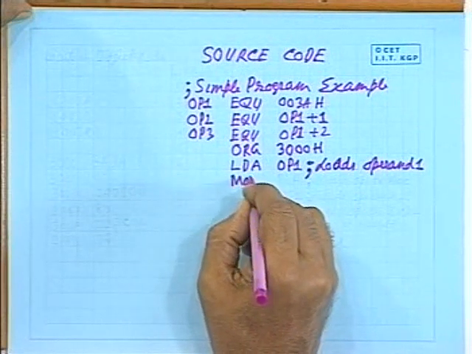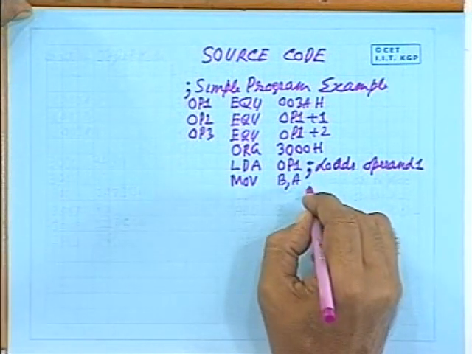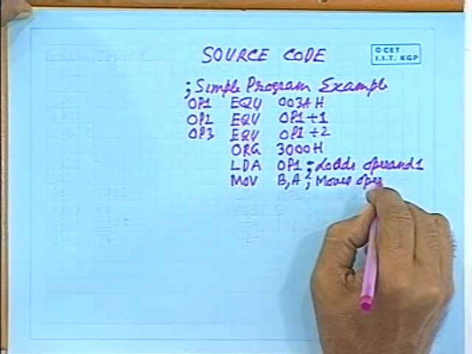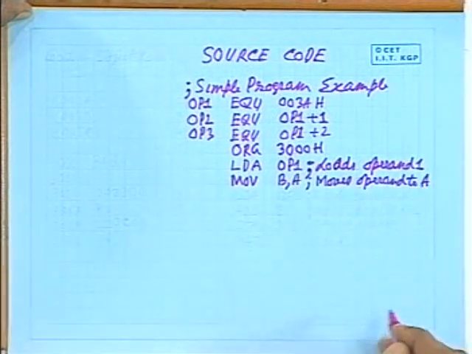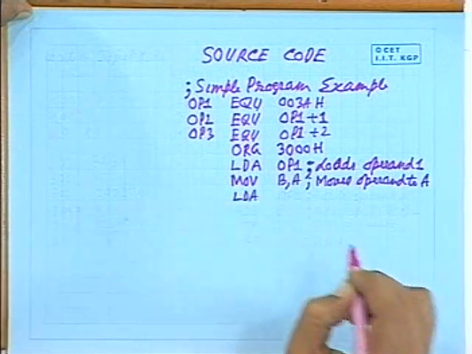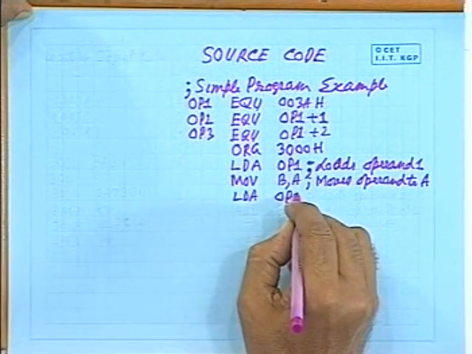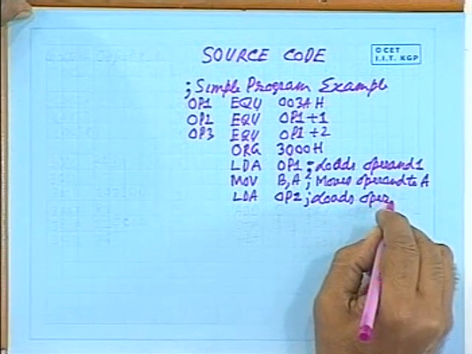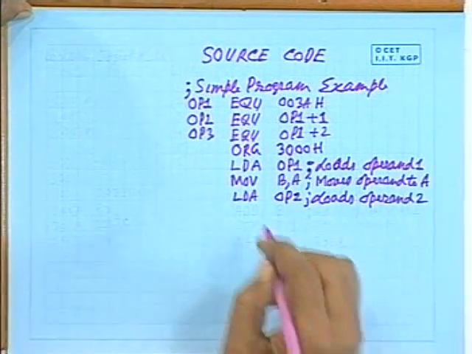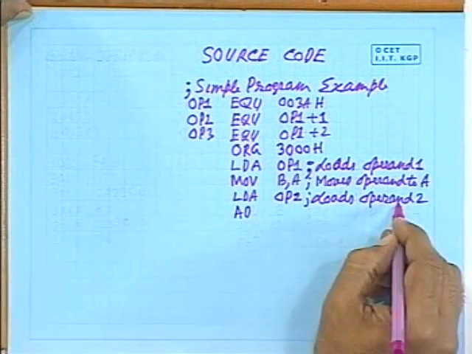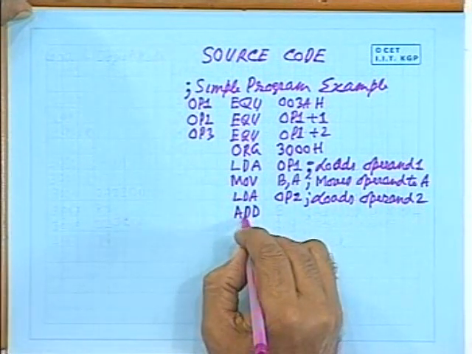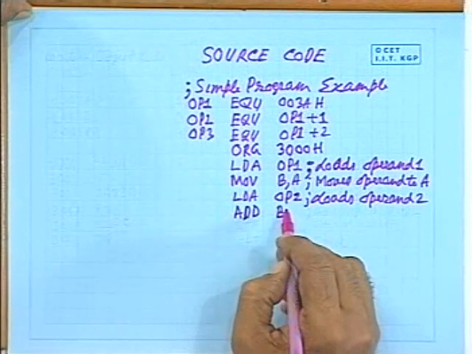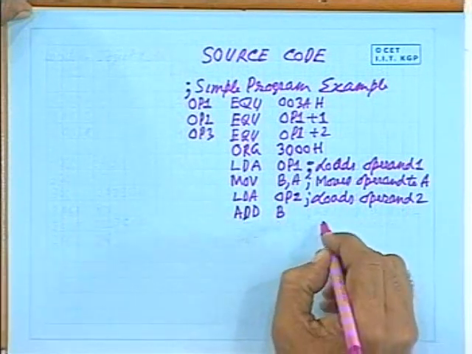Then move it to B, so it moves the operand from the accumulator to B. Then LDA to load the operand from operand address 2, so it loads operand 2 into the accumulator. Then we perform the addition: ADD B. Already one operand is in B and the other operand is in the accumulator, so you perform the addition.